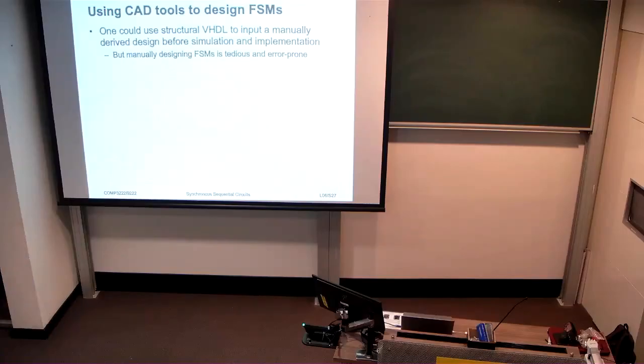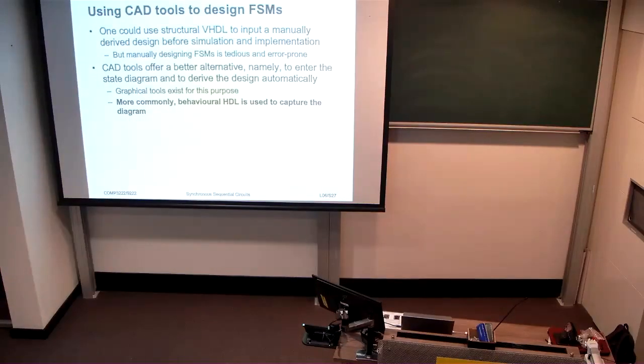Well, we could just use structural VHDL. What does structural VHDL mean? Writing out all the gates. Or even the components and wiring them together in a certain way that defines the structure, right? But manually designing them this way is not just tedious, it's error prone.